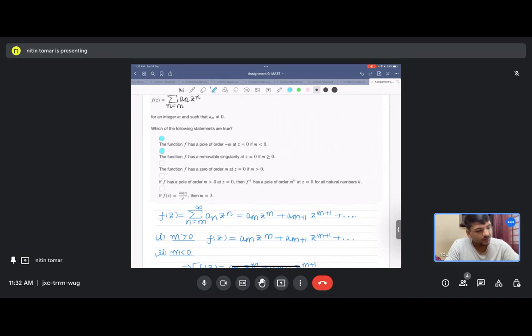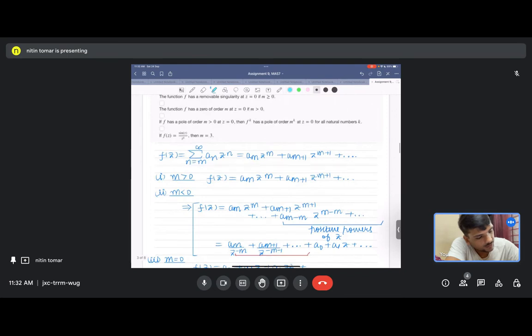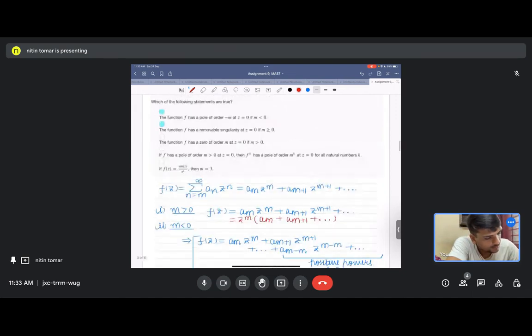Now it says if m is greater than 0, then the function f has a zero of order m. See, you can write it as z power m times (a_m plus a_{m+1} z and so on), right?